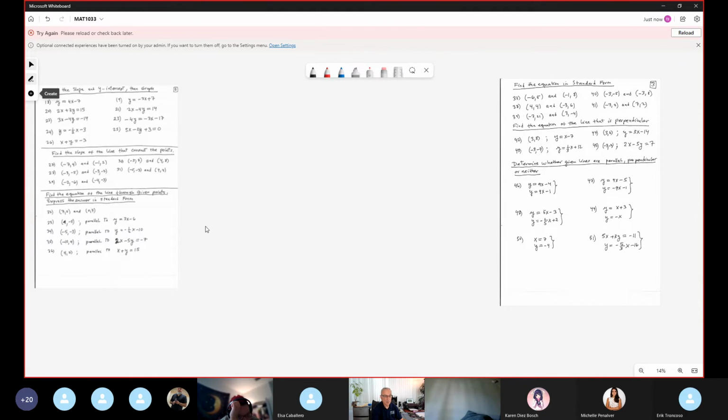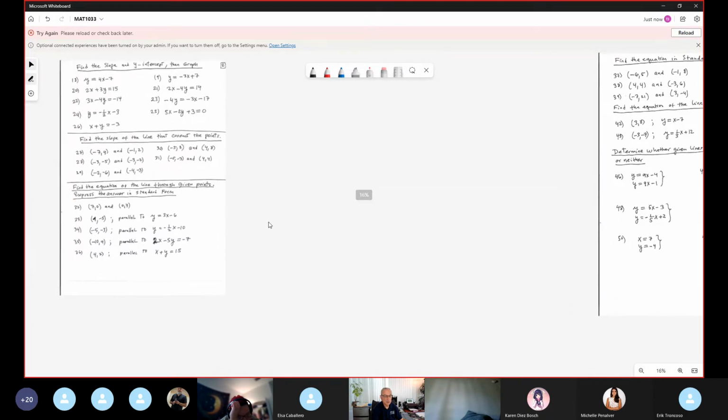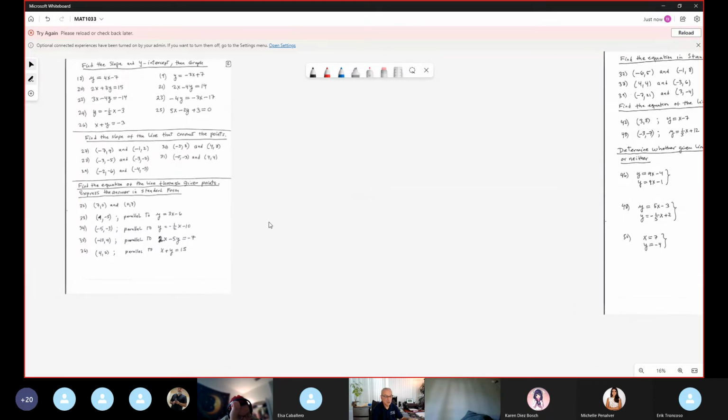For example, I pick 33. And 33 says the point is (1, -5). It's the given point. Semicolon, parallel, important keyword. 2, the line y equals 3x minus 6.